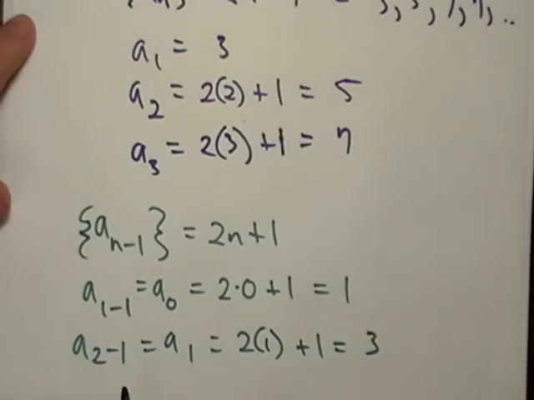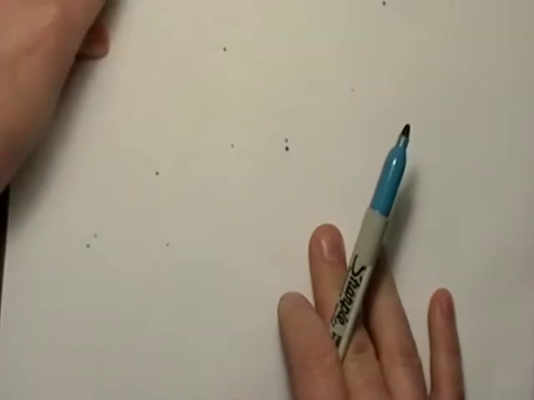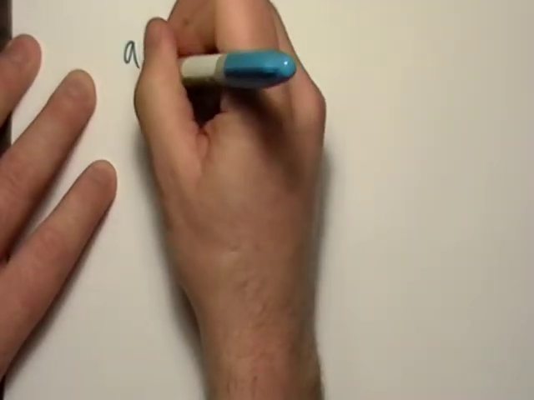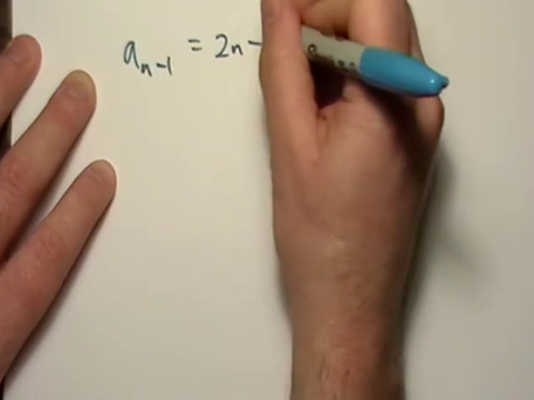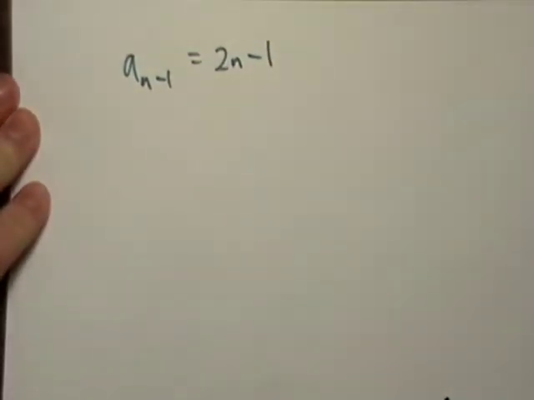So it was a little different on this one. We did what was called re-indexing the sequence. Let's do that again. Let's go a sub n minus 1 equals 2n minus 1. Now let's go ahead and write it all out again.